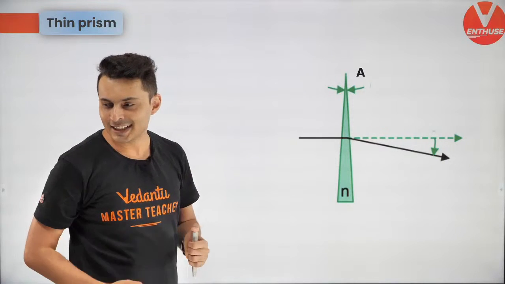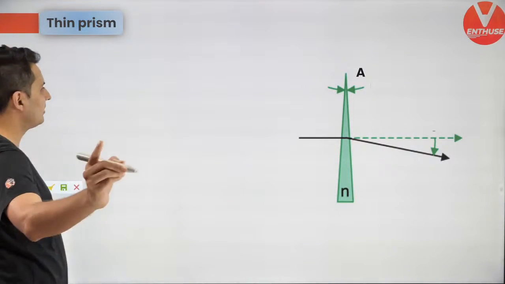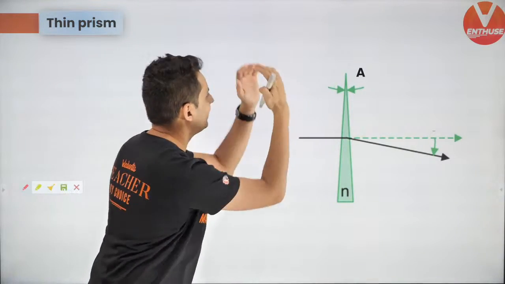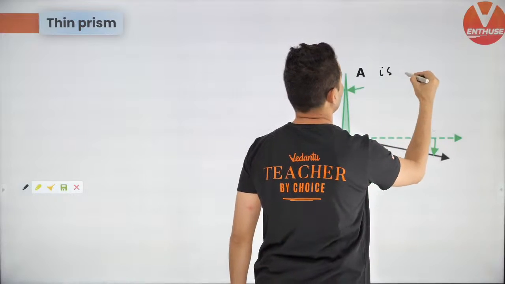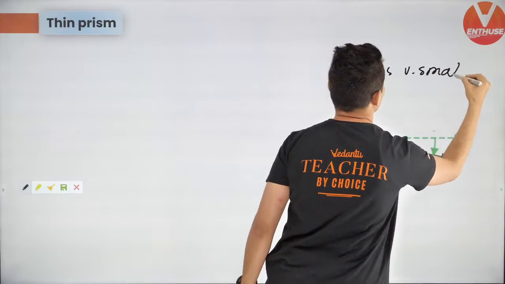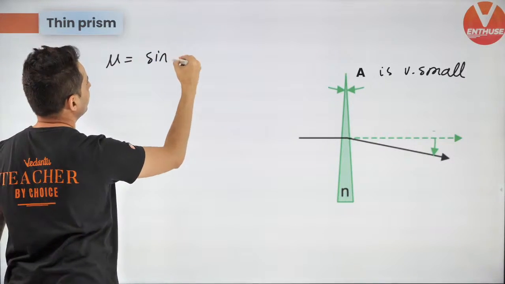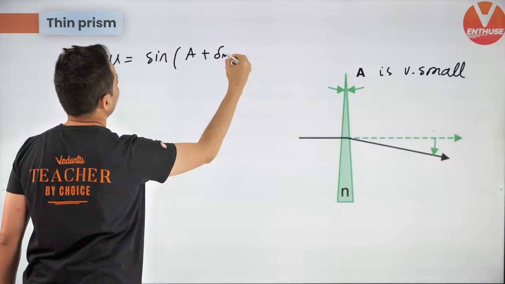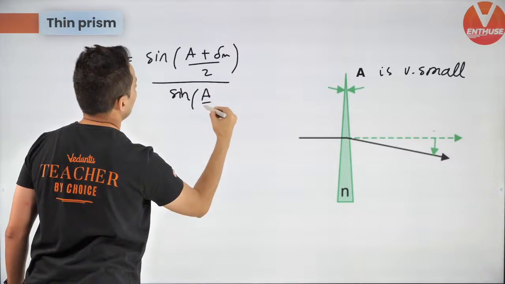Chalo, let's get going. Yes, this is a thin prism. Now, when the prism is thin, what does it mean? This angle is very small. So this A is very small, guys. So what will happen? Mu, which is sine of (A plus delta m by 2) divided by sine of A by 2.